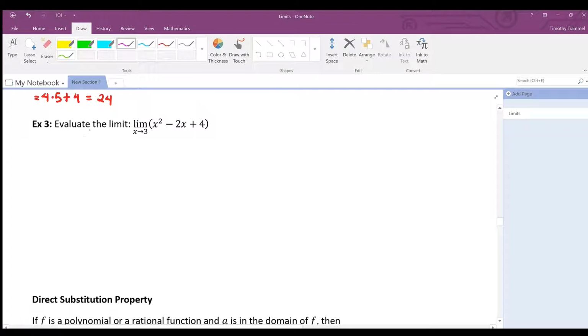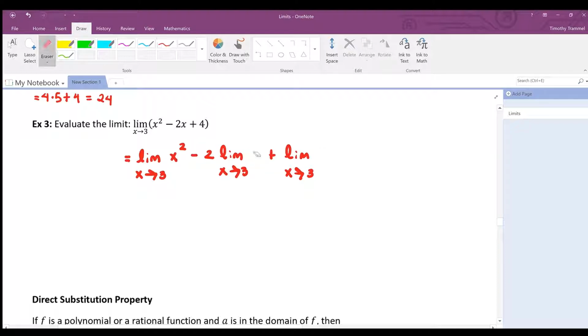We want to evaluate the limit of this polynomial here. And as I apply my limit laws, I can rewrite this as the limit as x approaches 3 of x squared, minus 2 times the limit as x approaches 3 of x, and then plus the limit as x approaches 3 of 4.